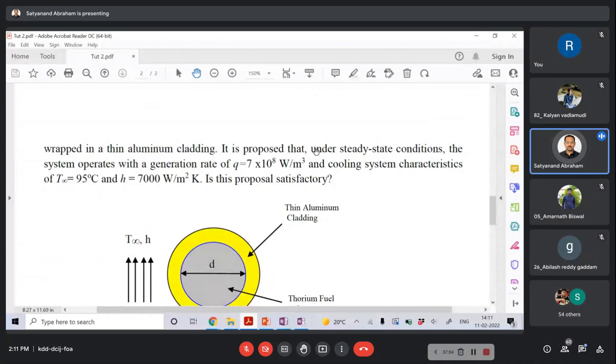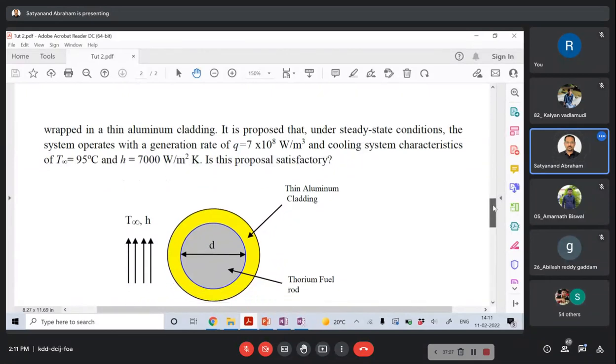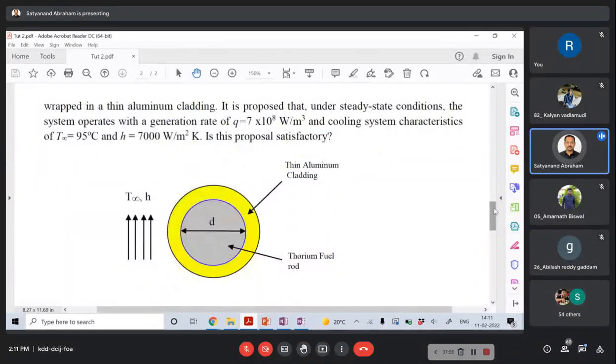It is proposed that under steady state condition, the system operates with a generation rate of q equal to 7 times 10 raised to 8 watt per meter cube, and the cooling system characteristics of T infinity 95 degrees Celsius and h of 7000 watt per meter square Kelvin. Is this proposal satisfactory? Okay. So what is the question saying?